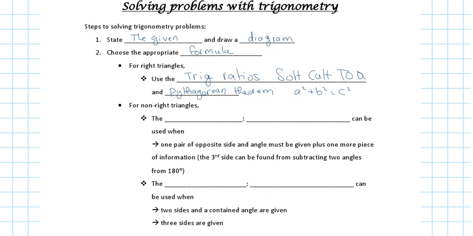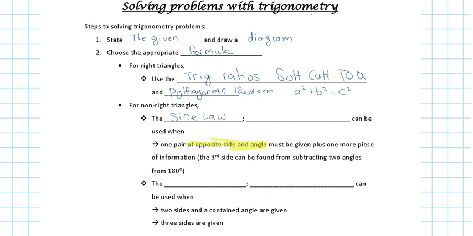If I have one pair of opposite side and angle, what can I use? Opposite side and angle. So the sine law. The sine law can only be used if I have an opposite side and an angle, okay?